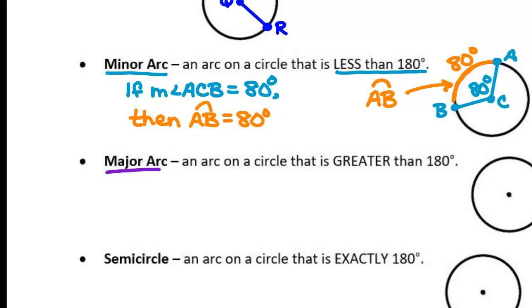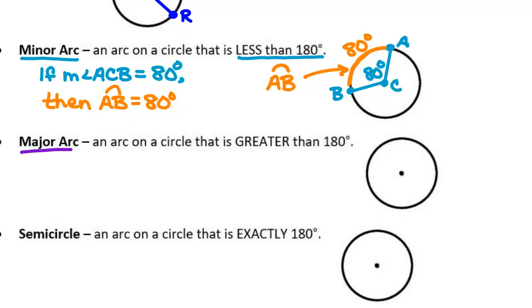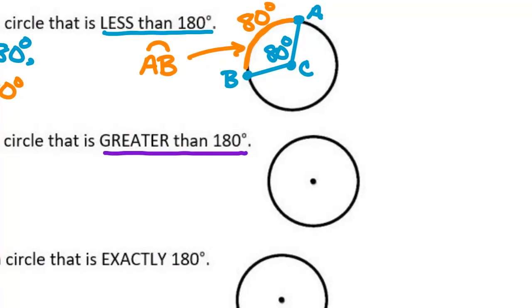A major arc has a measurement that is greater than 180 degrees. So again, I'm going to draw a central angle on here. We're going to call it the same as the one up above.